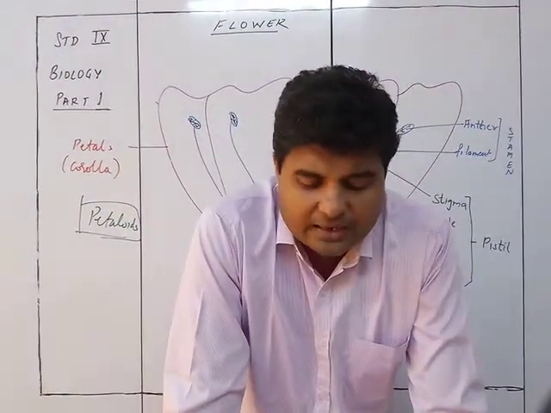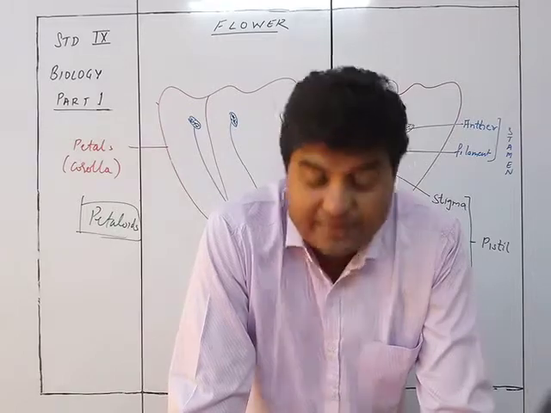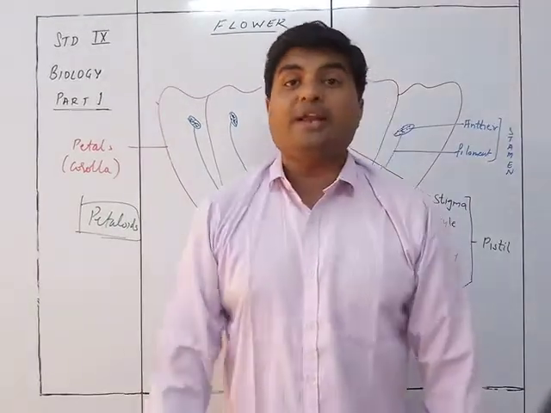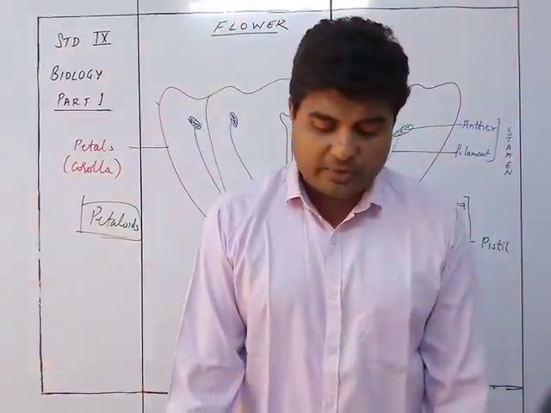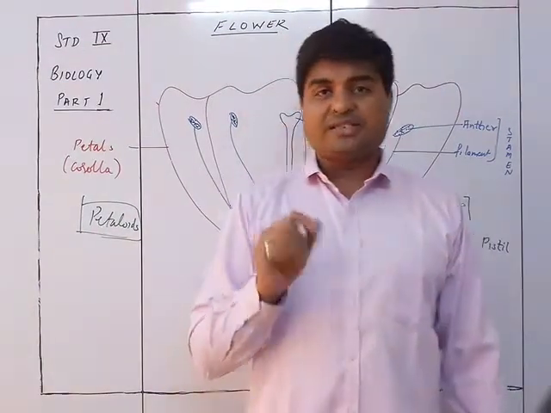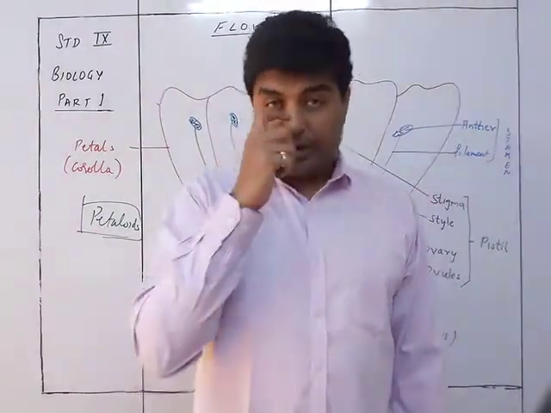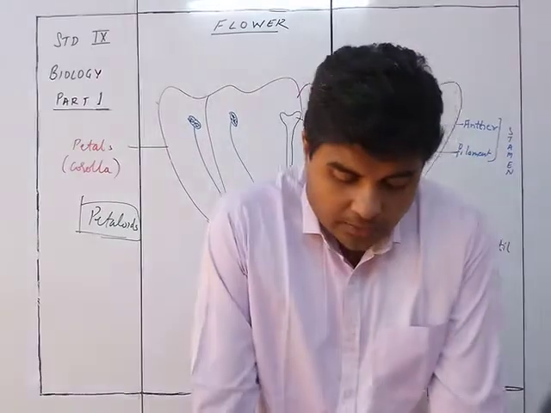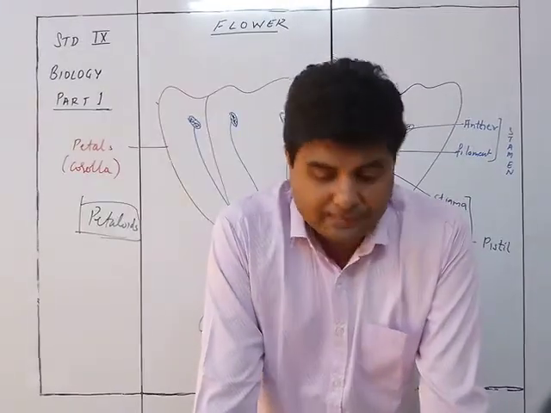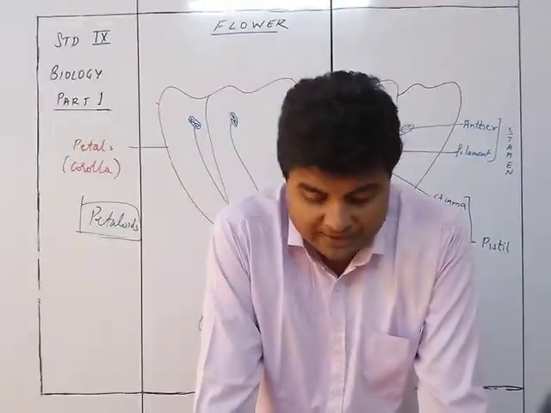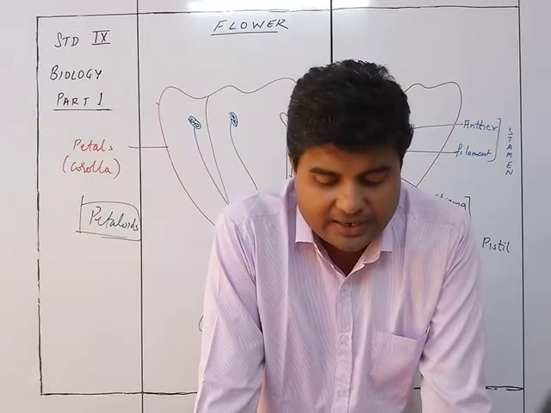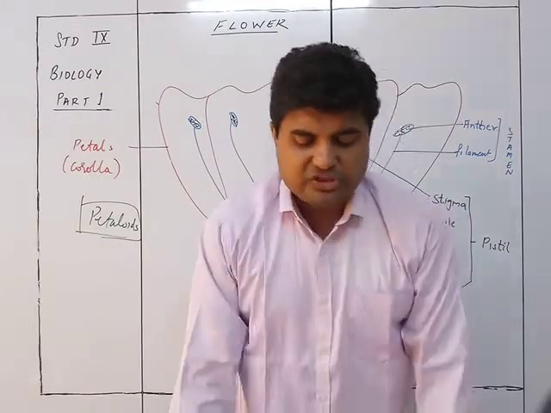Within the pollen sac are contained the pollen grains. So the pollen grains are going to be there within that pollen sac. When fully mature, the pollen sac ruptures to liberate pollen grains. The pollen grains are generally powdery particles of different shapes and sizes.